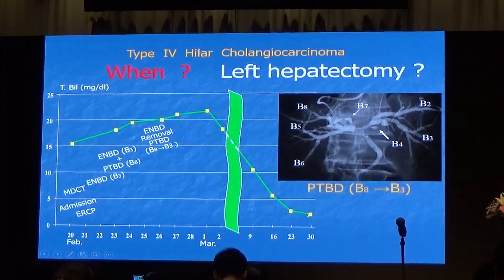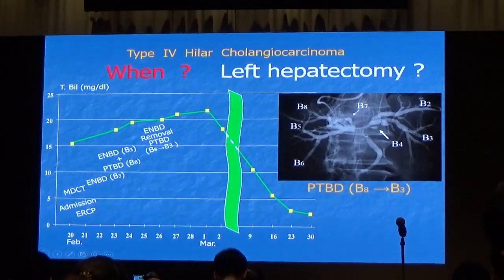Which side should be resected? In this case, we perform left hepatectomy with resection and reconstruction of the biliary duct, like the posterior and the anterior ducts here, because the segment 4 duct and the segment 2 and 3 ducts are involved.